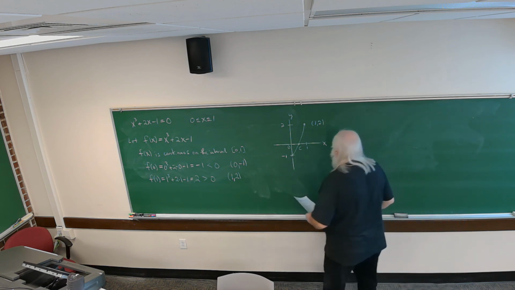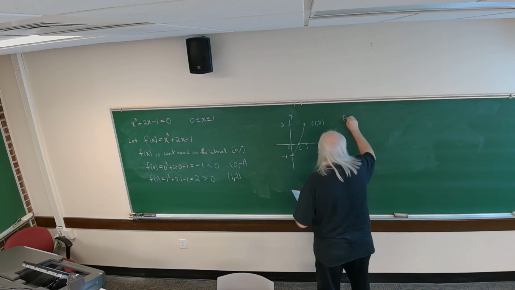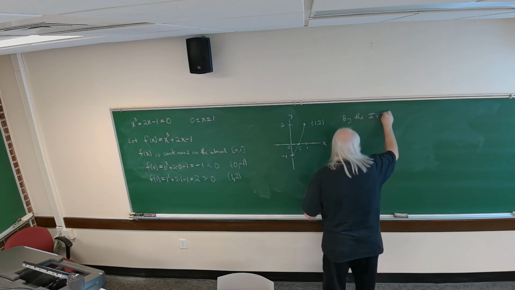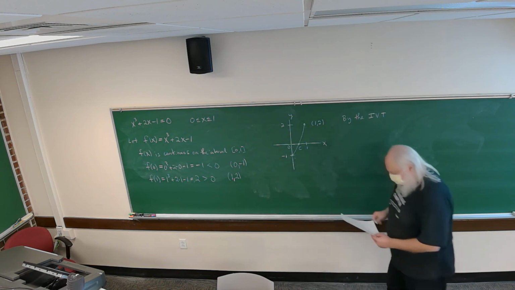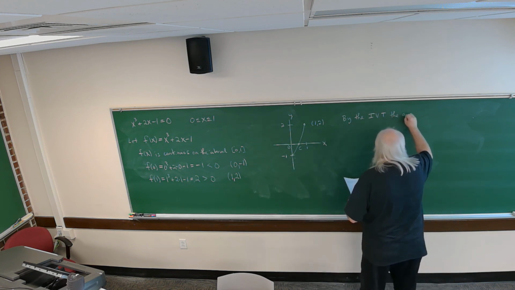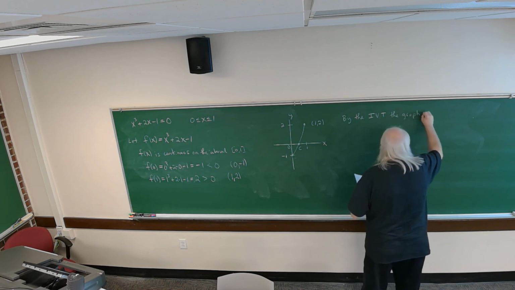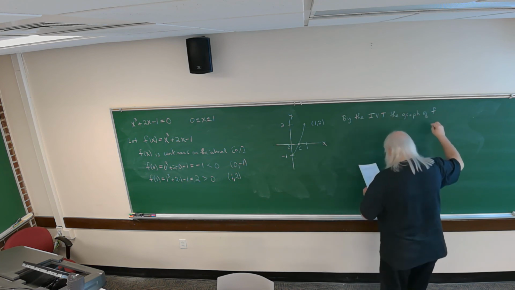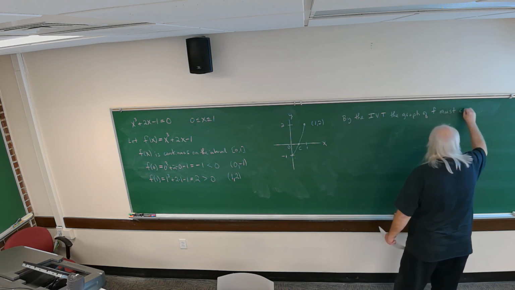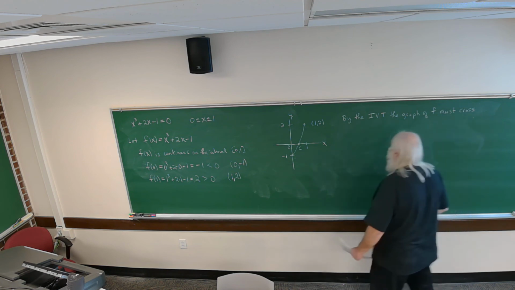So by the intermediate value theorem, IVT for short, the graph of f must cross the x-axis.